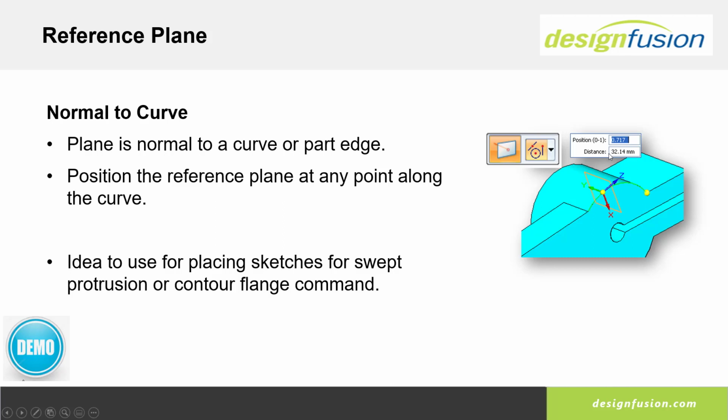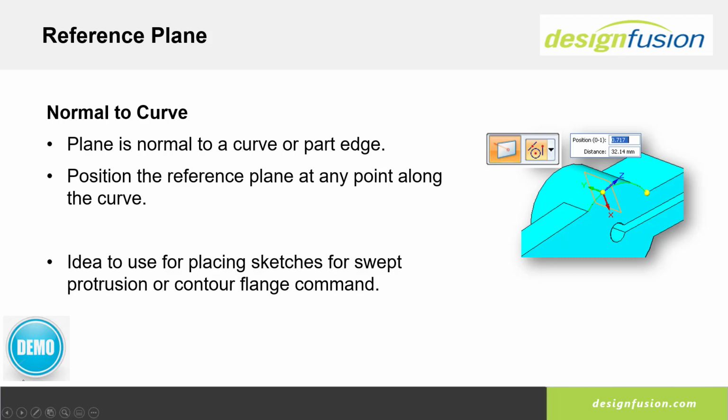You can position it using a distance or a scalar positioning. So for example, if I go in and type 0.5, it'll put it dead center right at the midpoint of that edge. This is ideal to use for placing sketches for the swept protrusion command or the contour flange command.